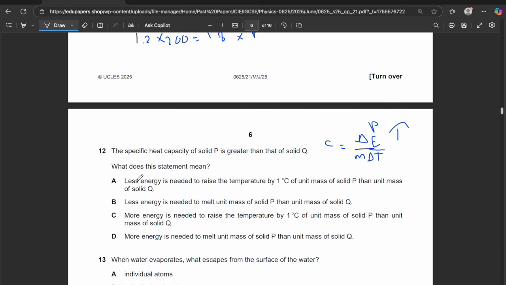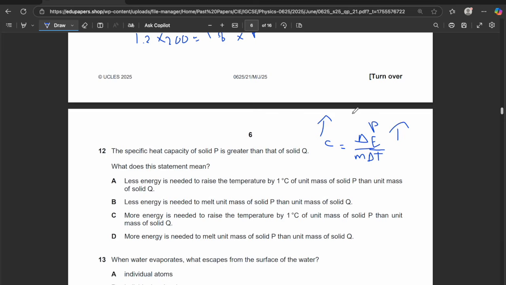A, less energy is needed to raise the temperature by 1 degree Celsius of unit mass of solid P than unit mass of solid Q. Well, the equation says that if there is higher specific heat capacity, then energy will be greater, so this is wrong.